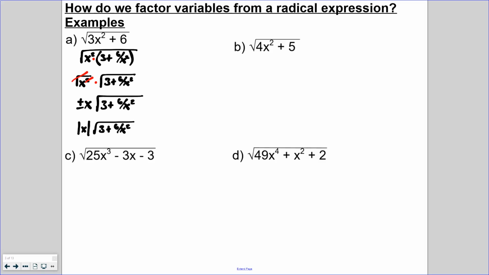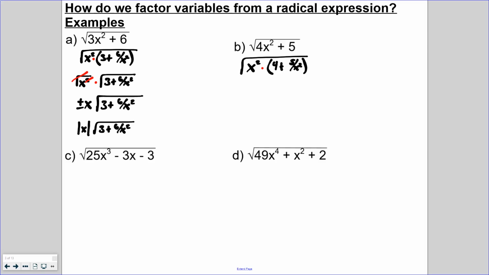Now we're going to do the same thing with letter b. Again, since it's the square root, we're looking for powers of 2. And here we do have an x squared, so just like before with letter a, we're going to factor out that x squared. So we'll have the square root of x squared times the quantity 4 plus 5 over x squared.